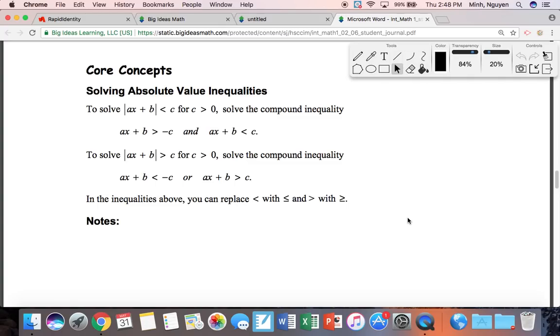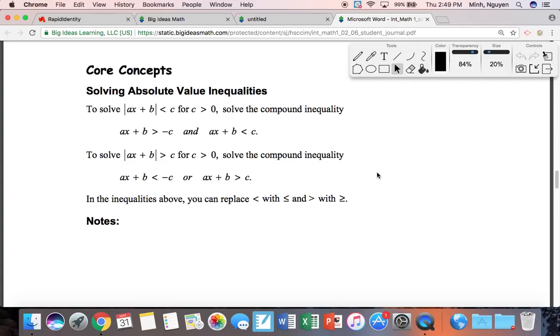So this is saying essentially the same thing as solving absolute value equations, which is a reminder that the C on the right side of the inequality must be greater than 0, as in must be positive, because if it is negative, then you are not really worried about it.